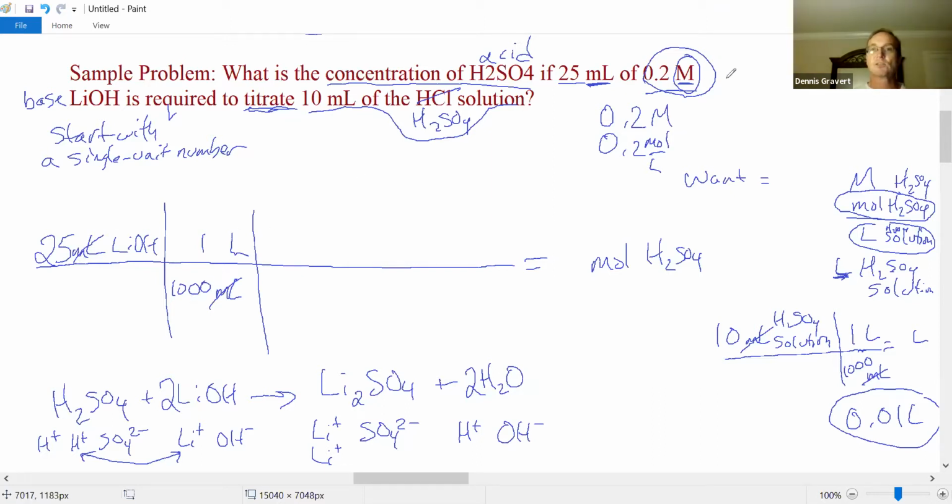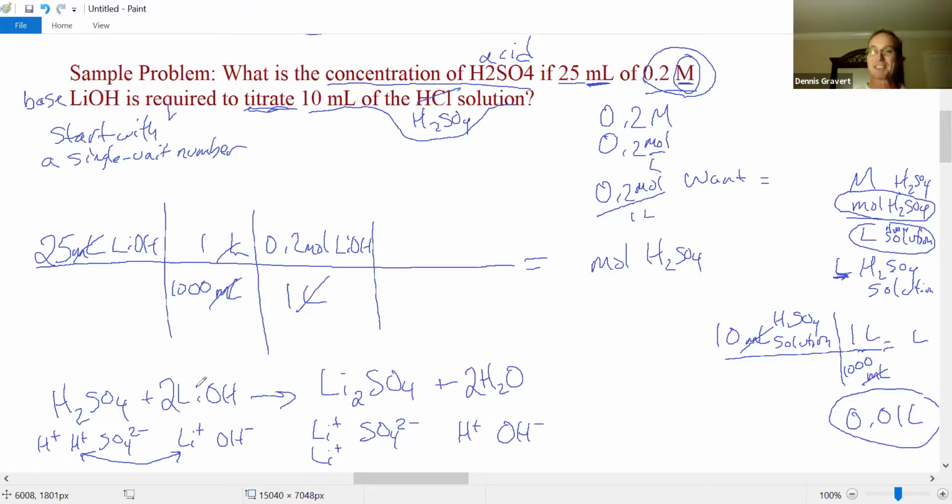And then let's use concentration, the molarity, to cancel out the liters. The solution has 0.2 moles of lithium hydroxide in 1 liter of solution. The liters of solution cancel out. Left with moles of lithium hydroxide.